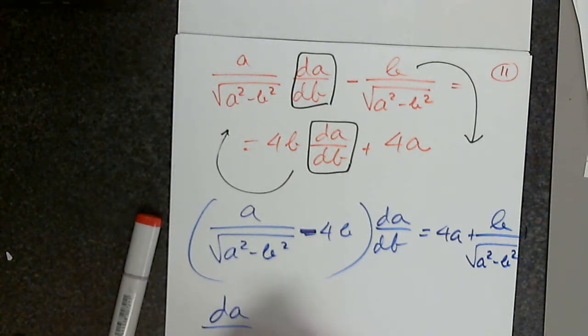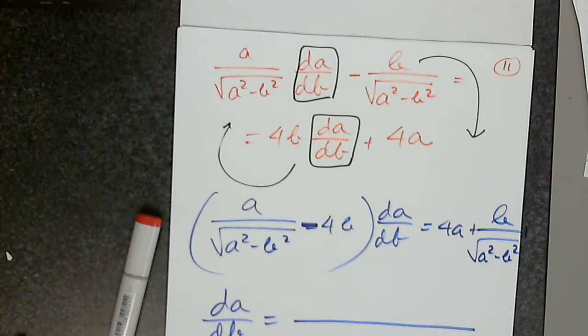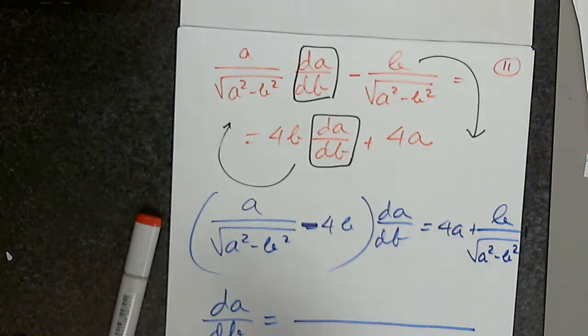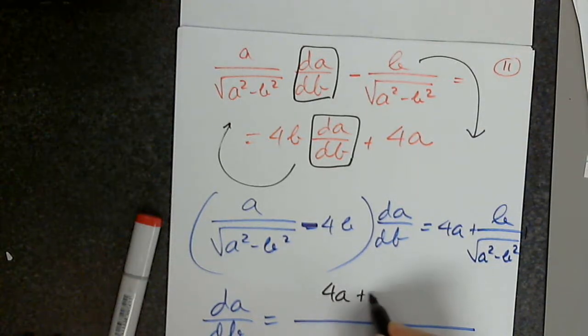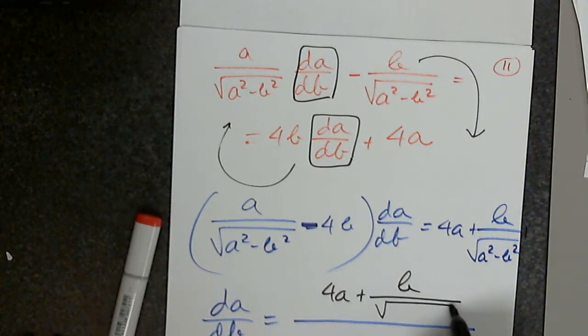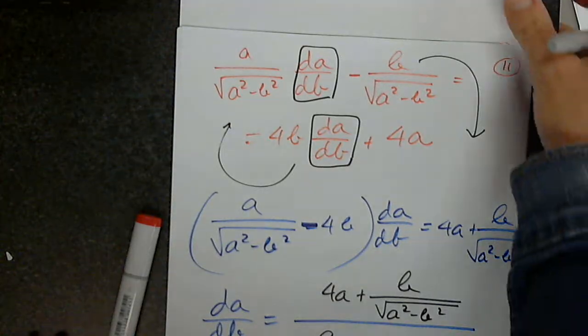So therefore dA over dB will be 4a plus b over the square root, divided by a over the square root and minus 4b.